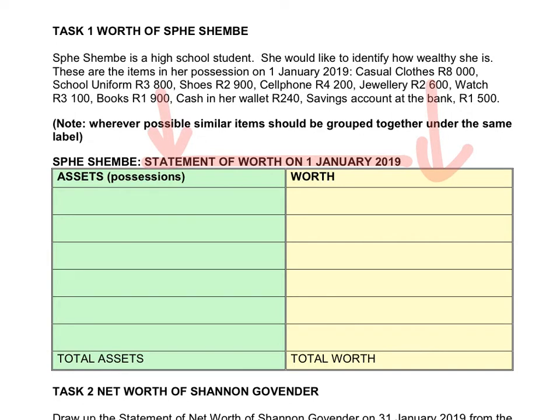Now, if you cast your mind back to my classroom, you will see that I've got a green side of the wall and I've got a yellow side of the wall. And the most important thing about this is that you need to know that green equals yellow. So anything on the green side, the total of the green side equals the total of the yellow side. This is going to make a bit more sense when we fill this out. So let's do this together.